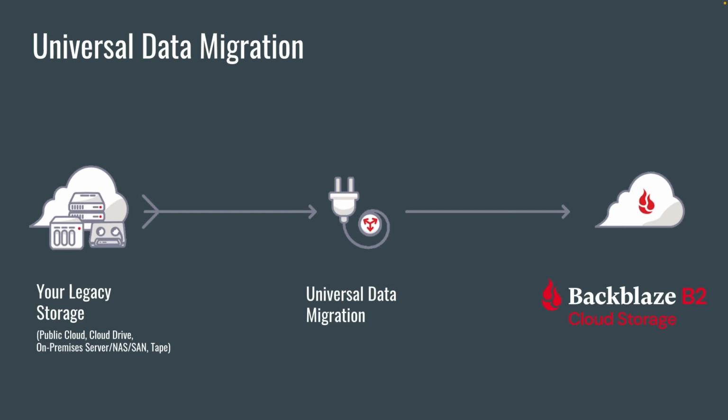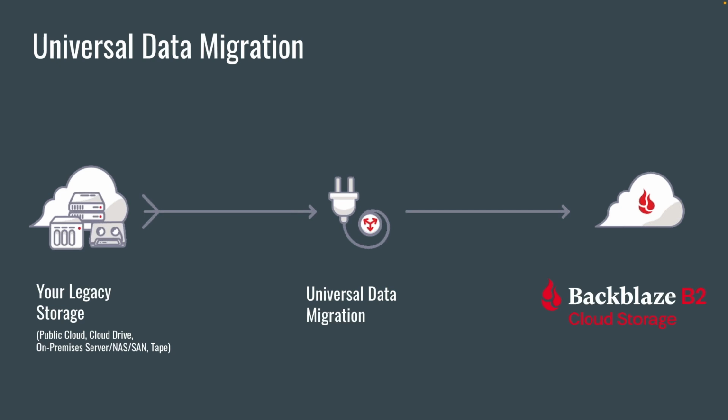B2 Reserve leans more towards our channel partners, and it is specifically sold through the channel. It's a value packed SKU that includes the egress and transaction fees. We also have universal data migration, which I'll speak to in just a moment, and we offer premium support with a 4-hour email SLA on the B2 Reserve. Next slide.